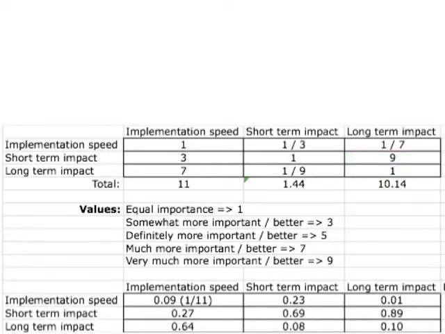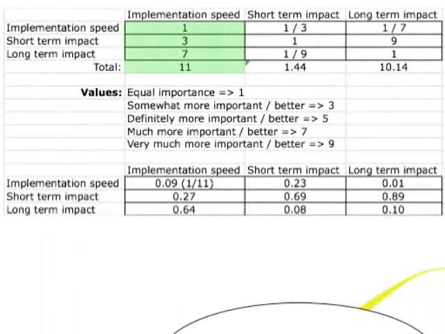So now we add up each column and divide the values in each cell by the total for the column. So the totals for our columns are 11, 1.44 and 10.14. So we divide 1 by 11 for the first cell, 1/3 or 0.333 divided by 1.44, which equals 0.23, and so on.